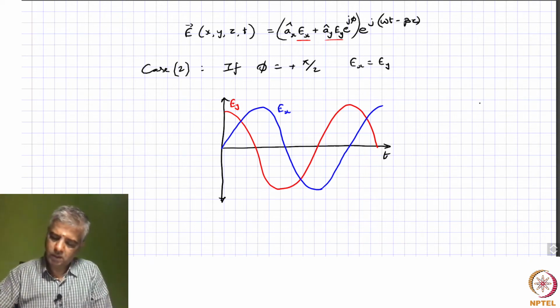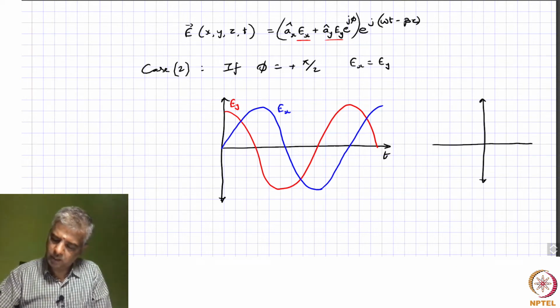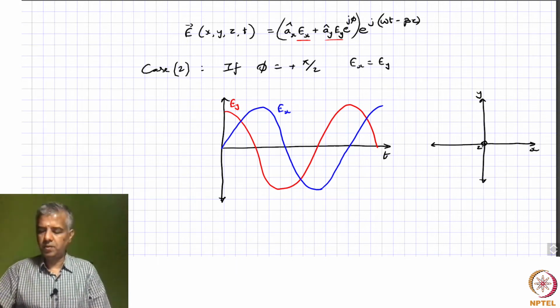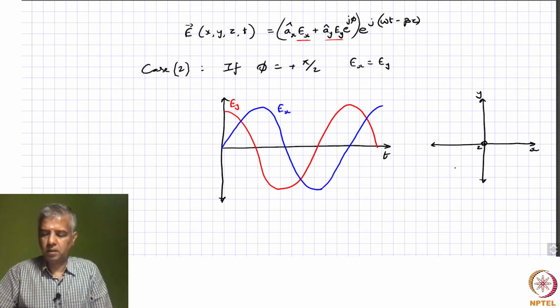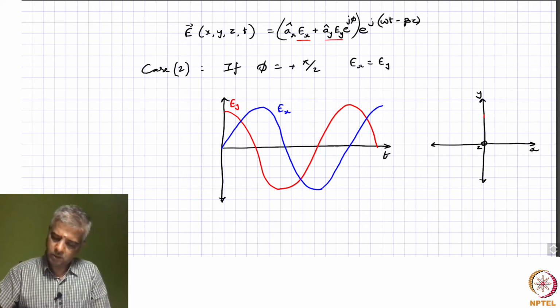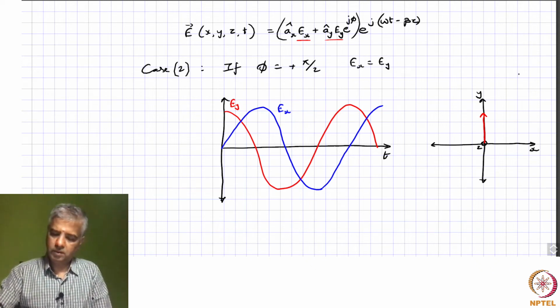Now, let us look at what happens as far as your combined polarization is concerned. Once again we look at x, y, and this is z. If you look at the polarization and how it's evolving with respect to time, initially, at time equal to 0, the maximum is along the y direction.